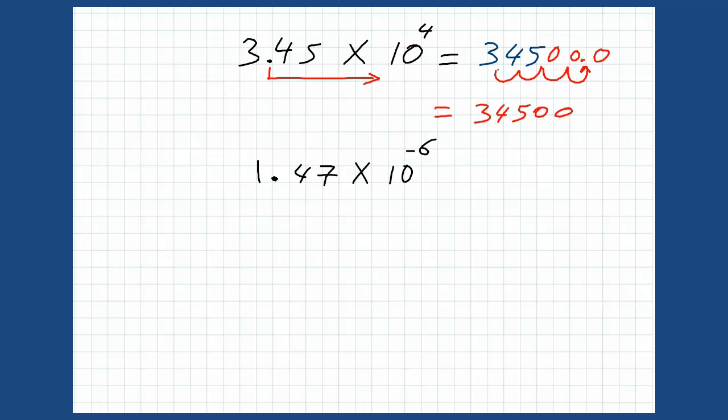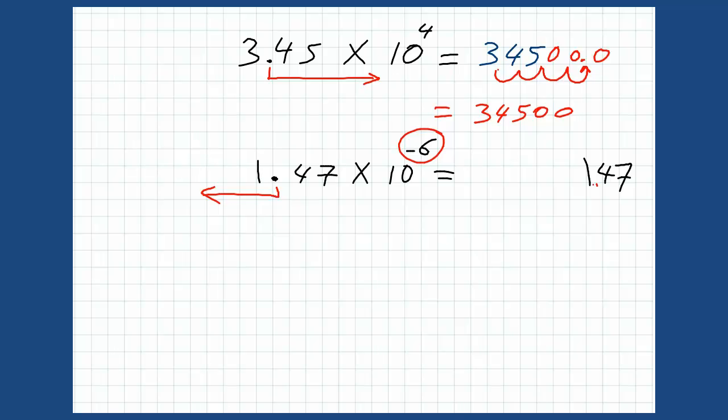Suppose that we have 1 and 4700th multiplied by 10 to the power negative 6, and we want to write it as a decimal. We will do the same thing. We will write our number without a decimal. Then we will move this decimal point to the left, since we have a negative power for the 10. So starting from here, we have 6 digits to the left.